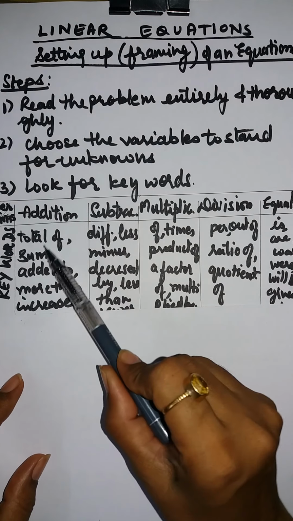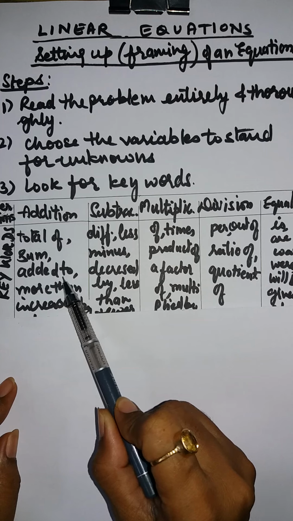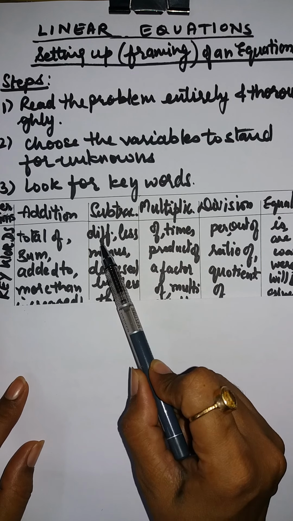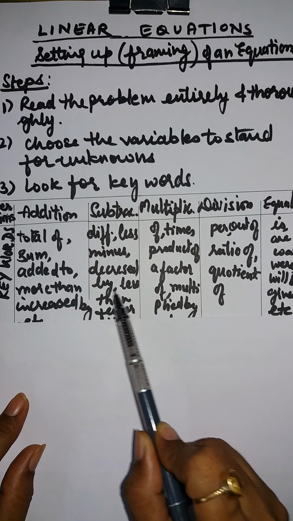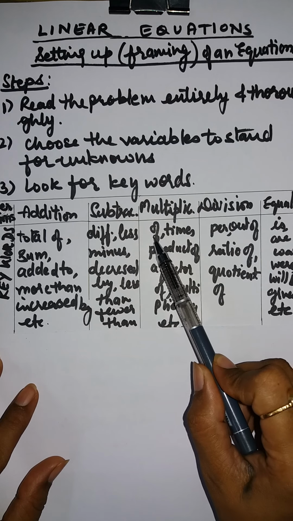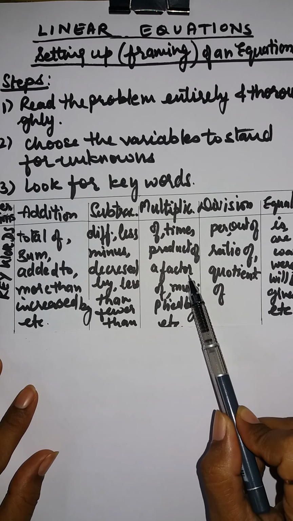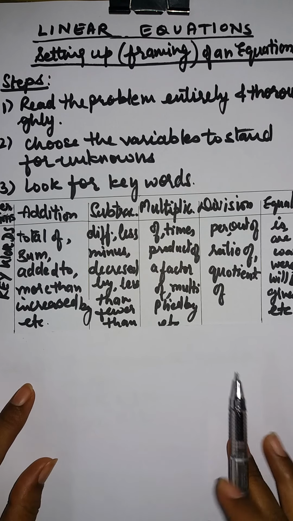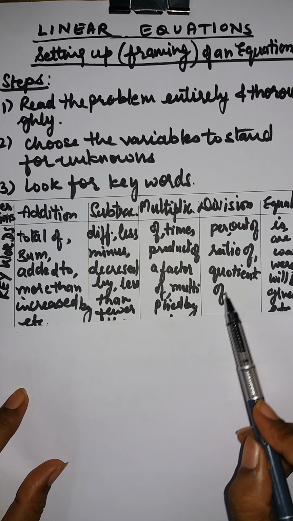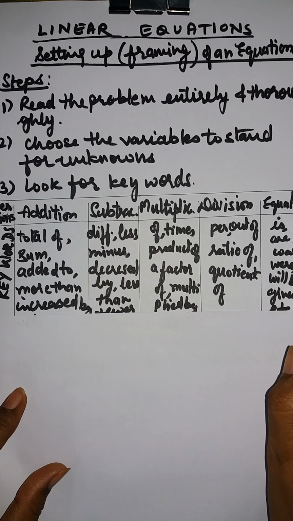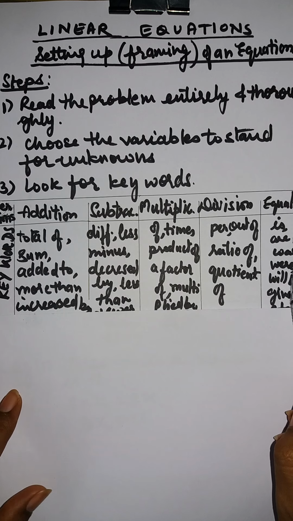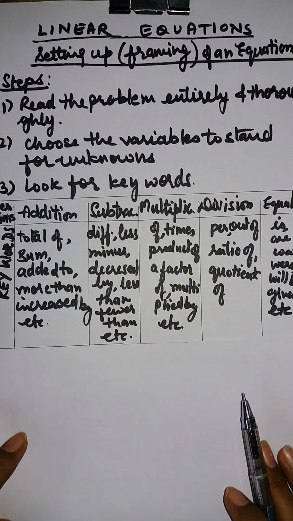For addition we have total of, sum, added to, more than, increased by, etc. For subtraction we have difference, less, minus, decreased by, less than, fewer than, etc. For multiplication we use of, times, product of, a factor of, multiplied by, etc. For division, per, out of, ratio of, quotient of, etc. Equal to can be denoted as is, are, was, were, will be, gives, etc.